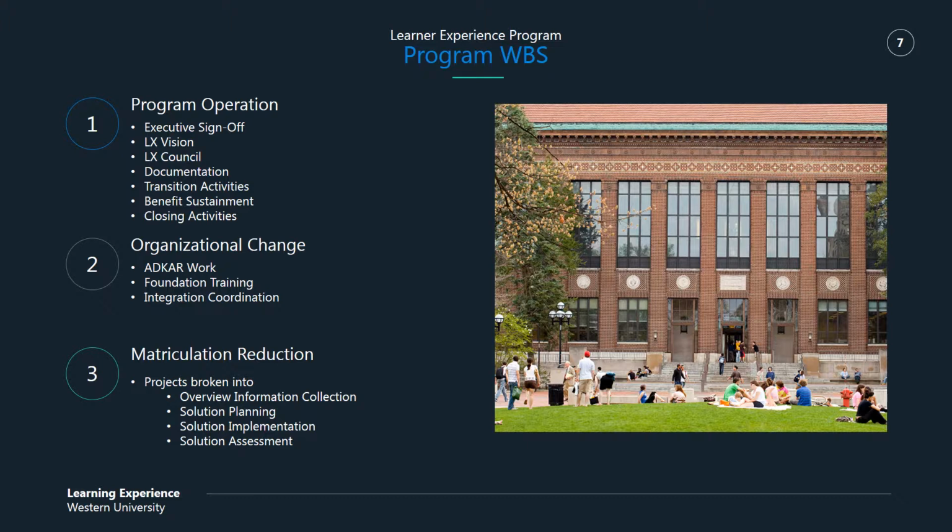That's what these tasks are, and our projects are broken down into overview information collection, solution planning, solution implementation, and then solution assessment, where we're starting to look at the metrics, see what worked, what didn't work, what might be done better. If we're not getting the benefits from the original project, what went wrong? Do we need to go back and start a new project? Do we need to build off of what we did? That all happens in solution assessment.